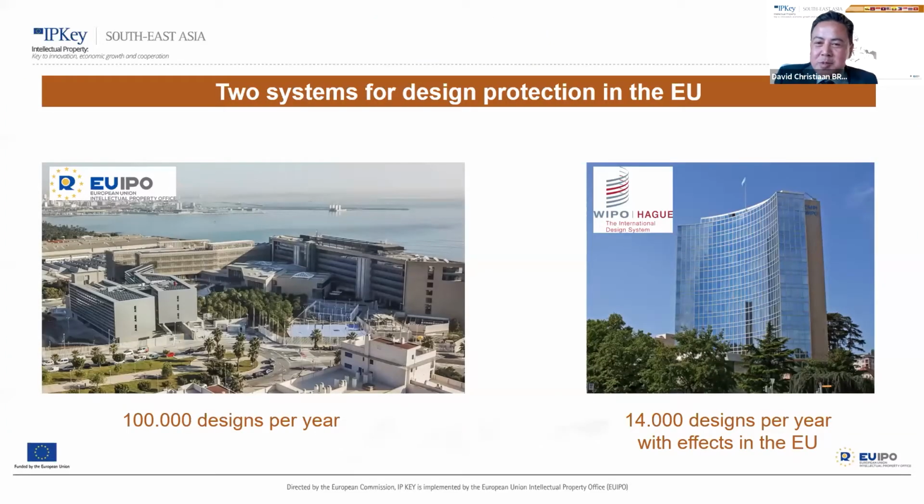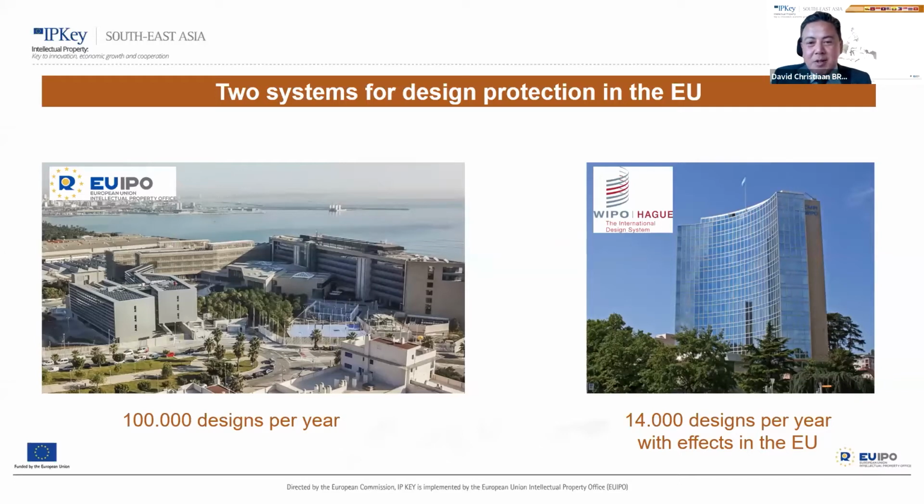So in the European Union, there are two different options. You can file a design in the EUIPO, which is where we are. We have across 100,000 designs per year that we register, which is quite a lot, of course.